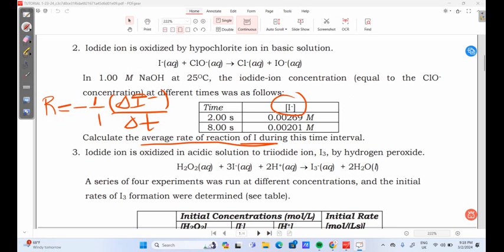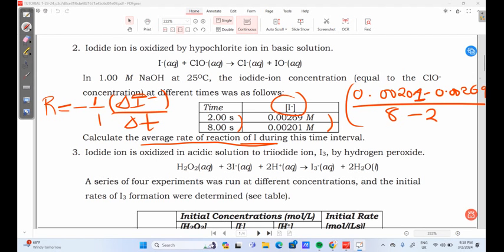Basically we're going to do what we did in question 1. We subtract this by that, and then divide. So that will be 0.00201 minus 0.00269 for the top part, divided by the change in time, 8 minus 2. And don't forget there is a negative 1 outside there.